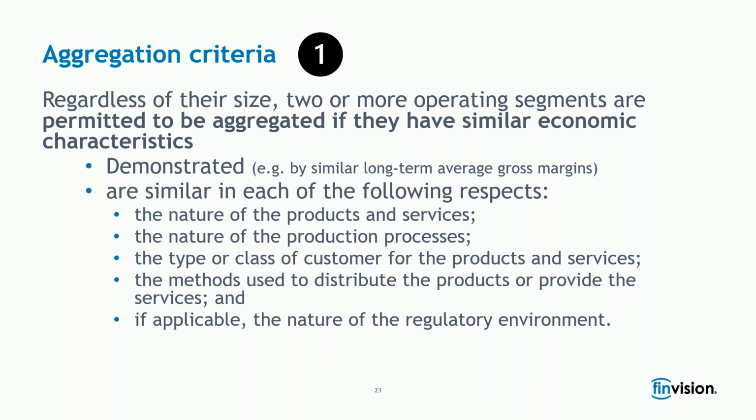So it's cumulative, it's not or, no, you should consider them all. The nature of your products and services, the nature of your production process, type or class of customers for different products or services, the methods used to distribute or provide them, and also, if applicable, the regulatory environment.